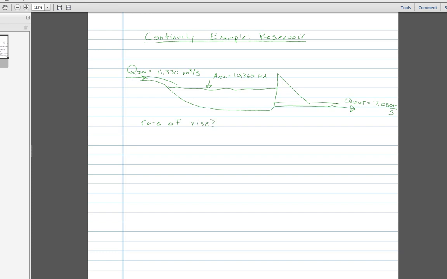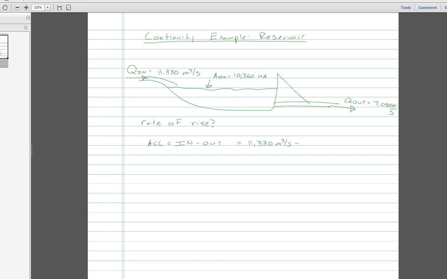As a general rule, in the continuity equation, accumulation is in minus out. In this case we have a flow rate in of 11,330 cubic meters per second.